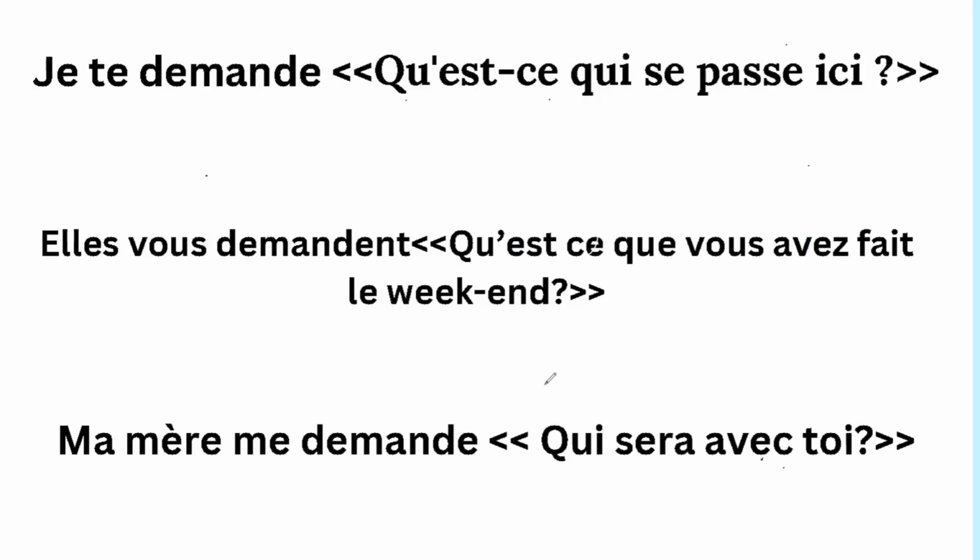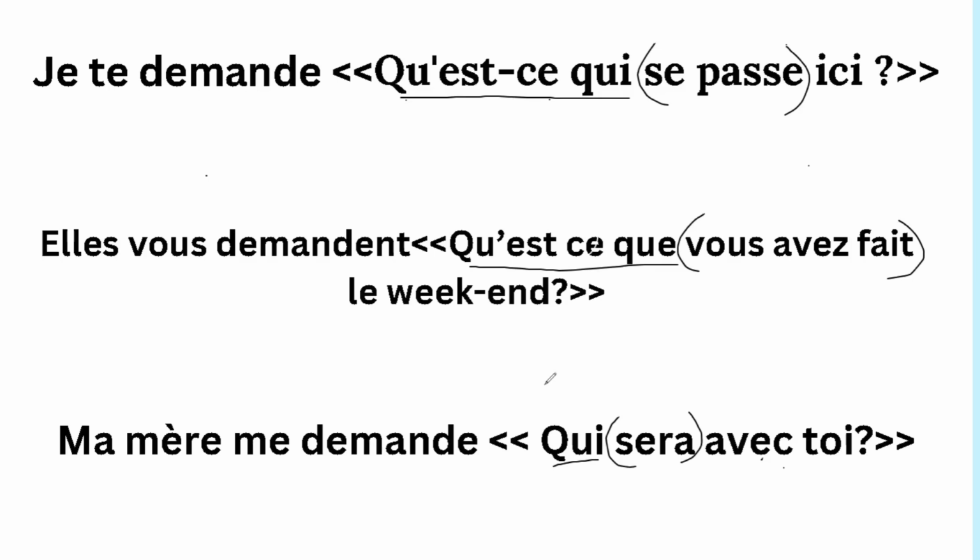We have in front of us all three different type of questions. First one has got qu'est-ce qui, second has got qu'est-ce que, and third one has got qui alone. Again here different tenses, so we'll maintain the tense: present tense, then we have passé composé, and the third one we have future simple of être verb. So we'll keep that in mind.